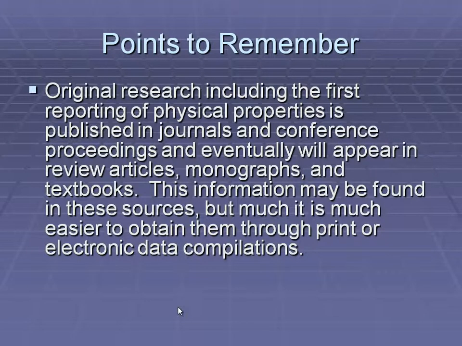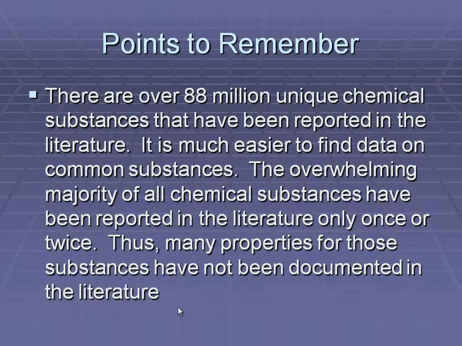Again, the original research, if somebody is making a chemical substance for the first time, will be in the journal literature. But as time goes on, it will eventually come into the data compilations. So it's certainly much easier to find information in data compilations than through the original journal literature. There are 88 million chemical substances known.